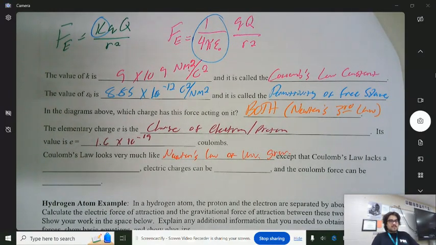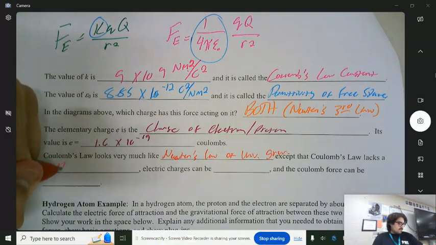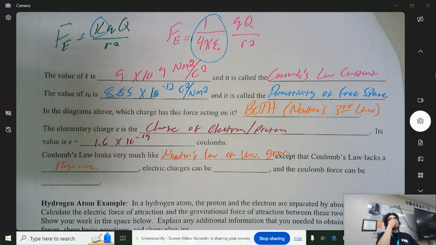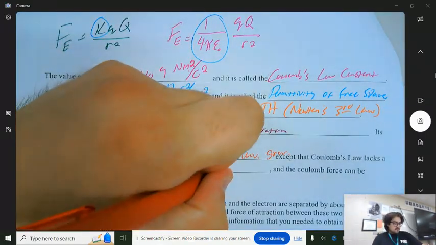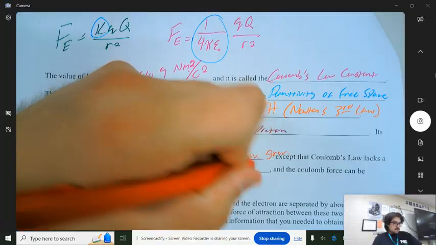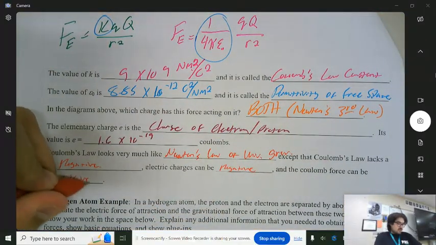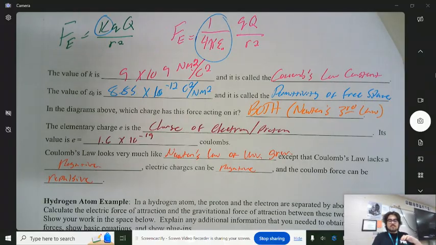The only difference is that Coulomb's law lacks a negative. The reason is that by convention, we typically call attractive forces negative and repulsive forces positive. Electric charges can be negative, but the Coulomb force can be repulsive. Could you imagine if gravity was repulsive? It would not be good for anybody.